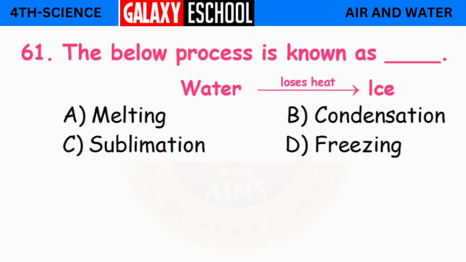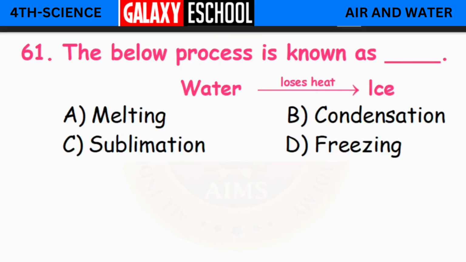Okay children, 61st question. The below process is known as what? Water changing into ice. When water loses heat, it changes into ice. So what is it called?